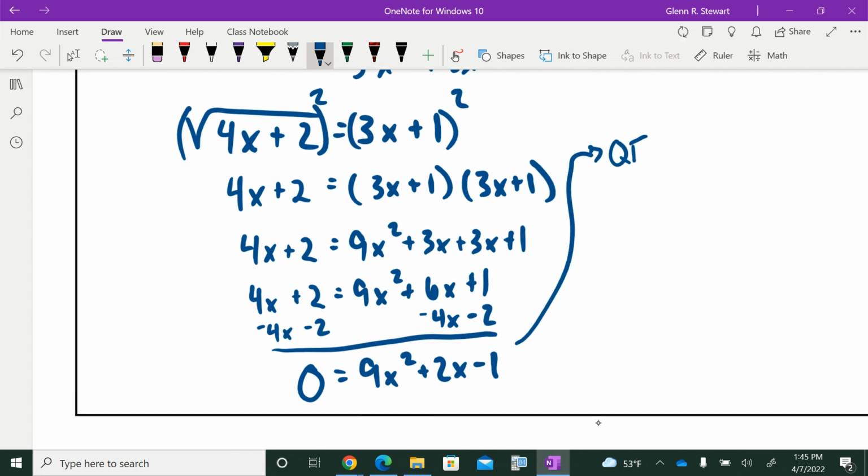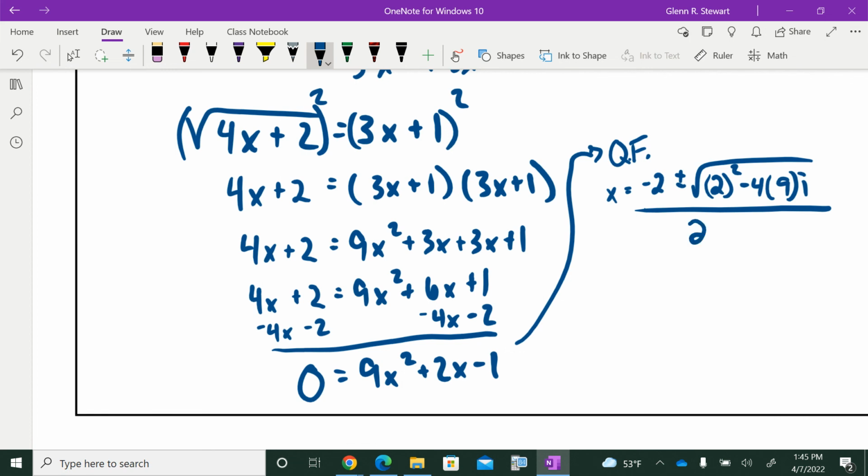And this is where you can use your calculator, because there is a calculator portion of your exam this year. So quadratic formula, x is equal to negative b, so negative 2 plus or minus the square root of b squared minus 4ac, so 9 times 1, all over 2a, that'll be negative 1.